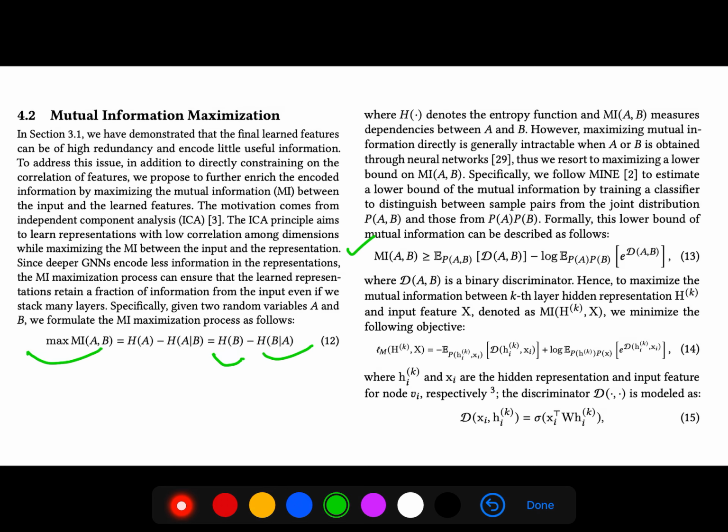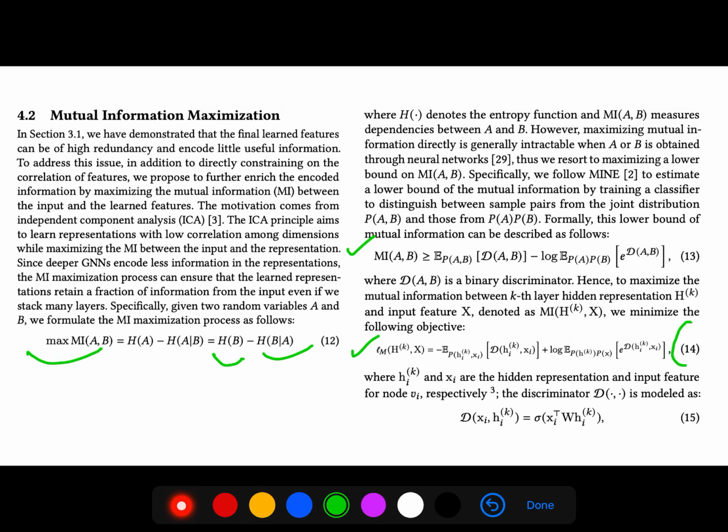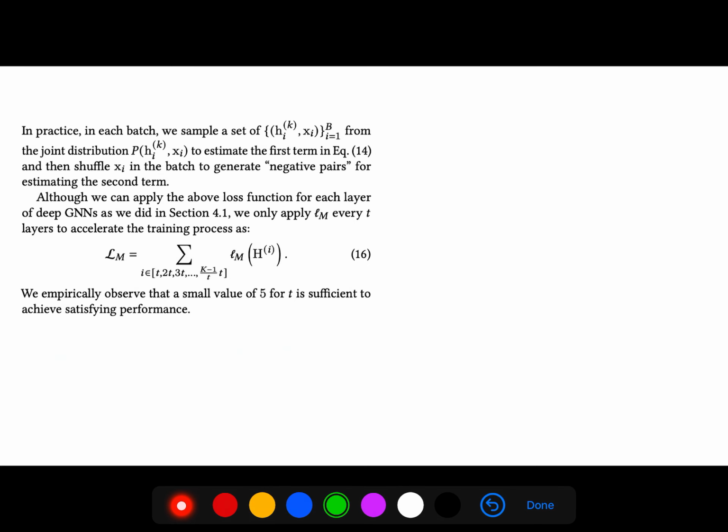So hence, to maximize mutual information between the kth layer hidden representation and input feature, we minimize the following objective. Then we sample a set of these h_i, x_i from the joint distribution to estimate equation 14. Okay, nice.